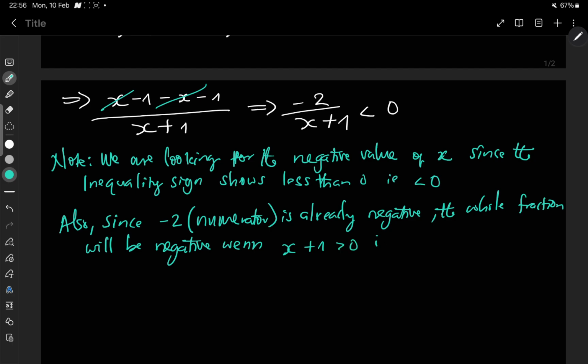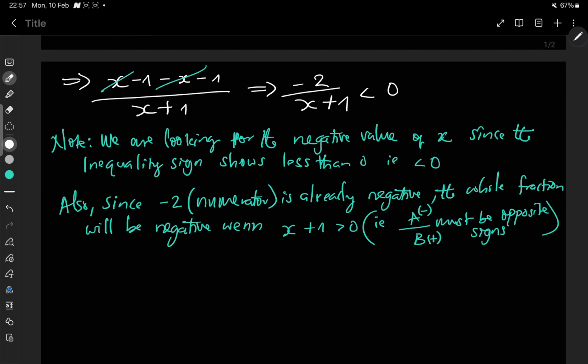That is, a over b must have opposite signs for the whole fraction to be negative. That is, if a is negative, then b must be positive.